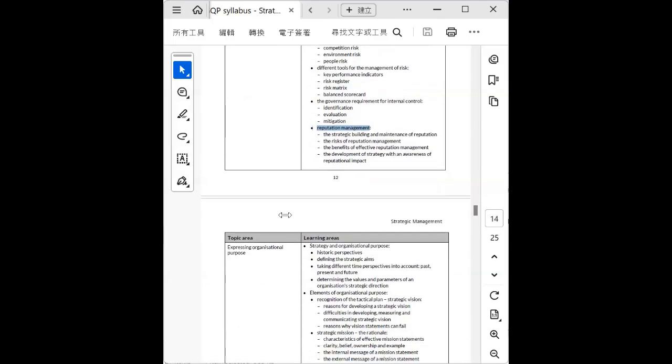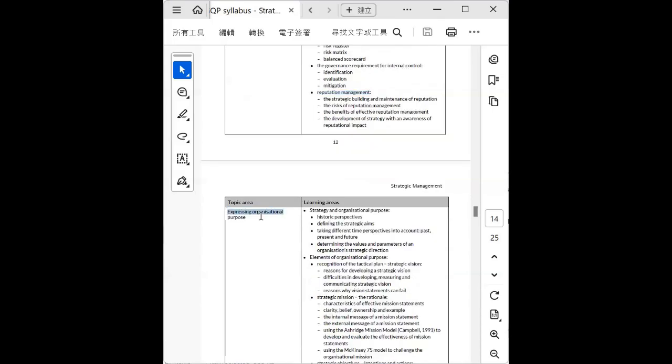And then we come to the third big topic, which is called expressing organizational purpose. So this section actually looks at the concept of organization purpose, including the development of the strategic visions, missions, and objectives.